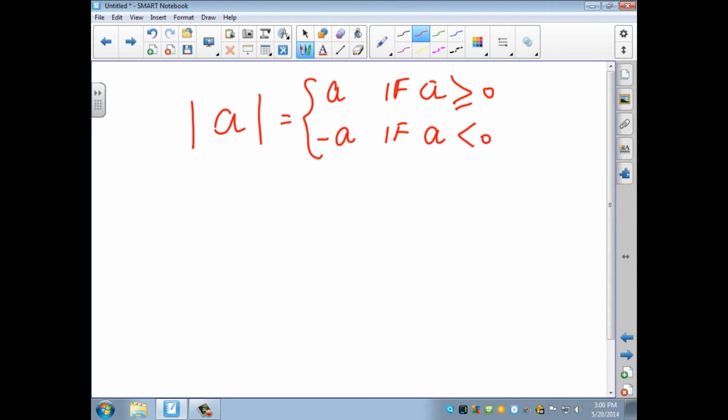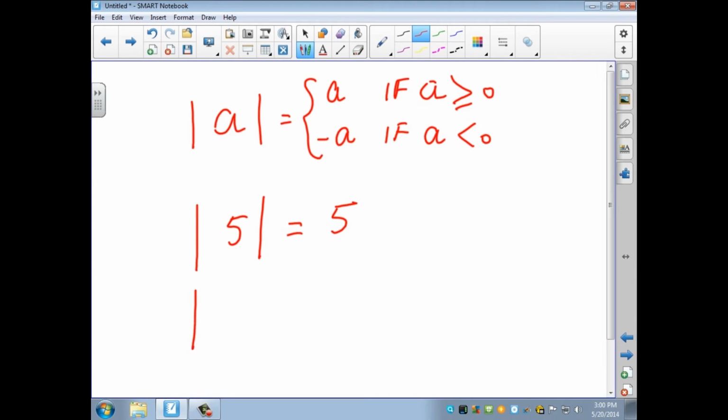Okay? So for example, the absolute value of 5, since 5 is positive, would be equal to 5 itself.